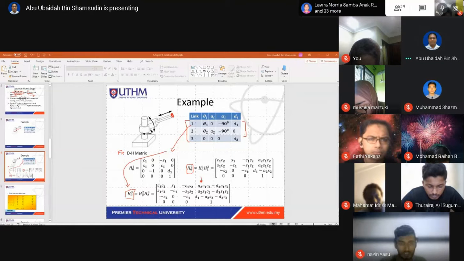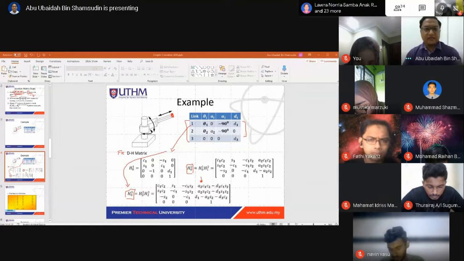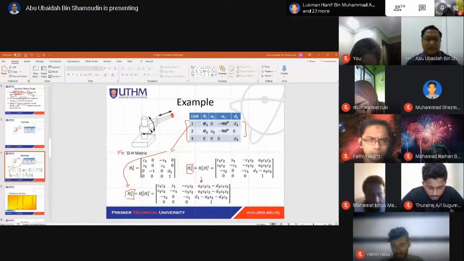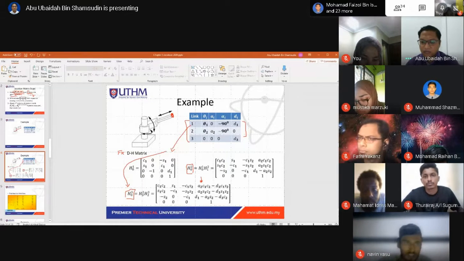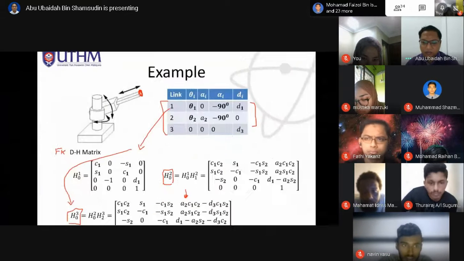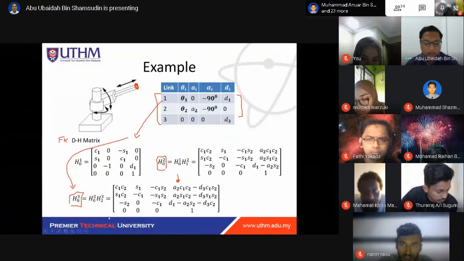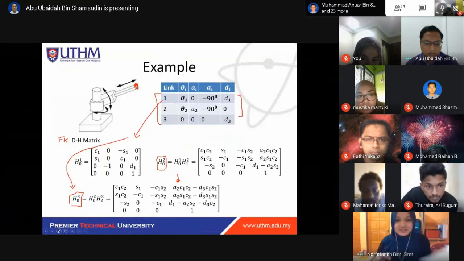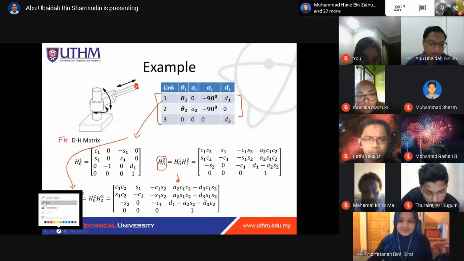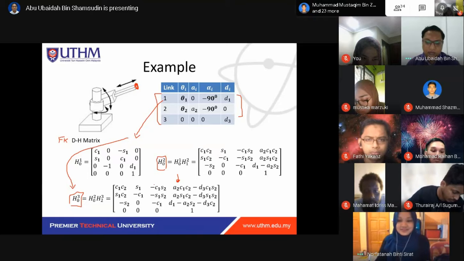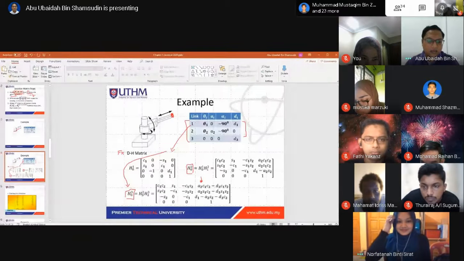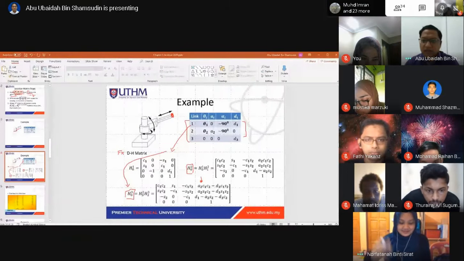Okay. Novatana, can you tell me what is the PZ for this robot arm? PY tu PZ apa? PX, sorry. PY ke apa? Novatana PY. PX. Apa tadi?